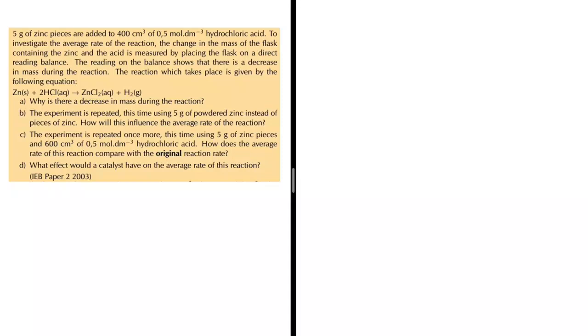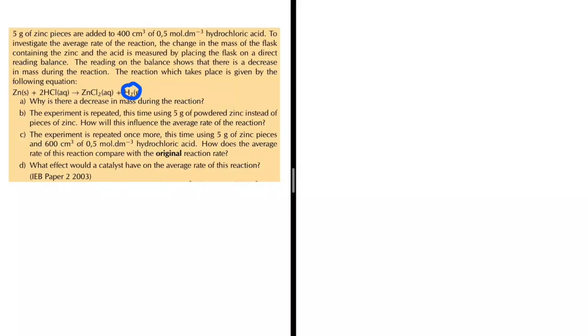So why is there a decrease in mass during the reaction? Because this hydrogen gas is going to be escaping the vessel, the conical flask, whatever we're using to carry out our experiment. So that is the answer to A. The gas that is produced is going to escape the reaction mixture. All right. So that is the answer to A.